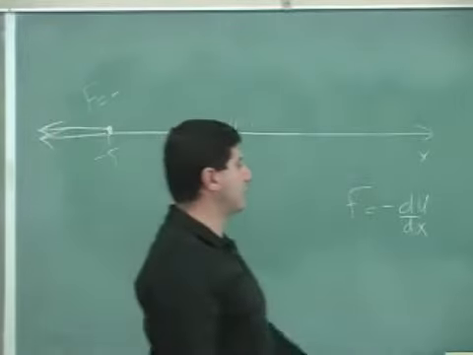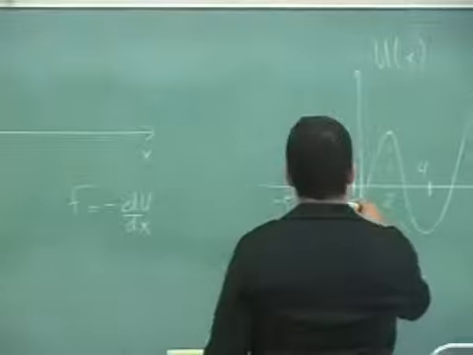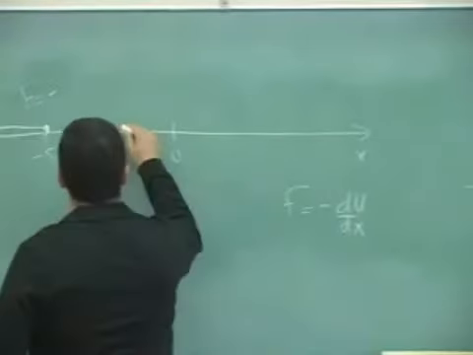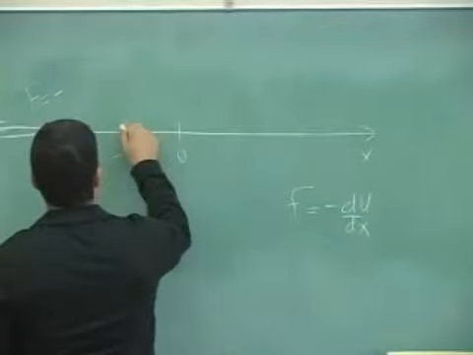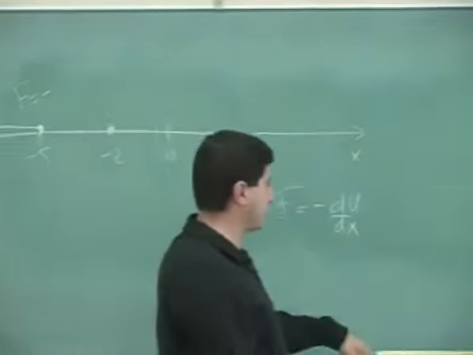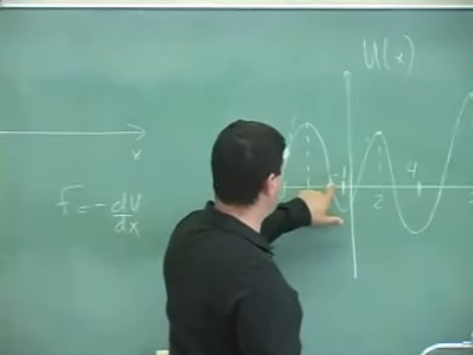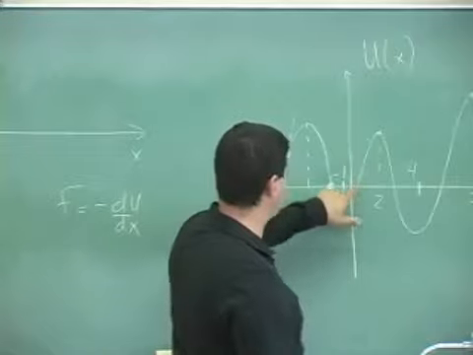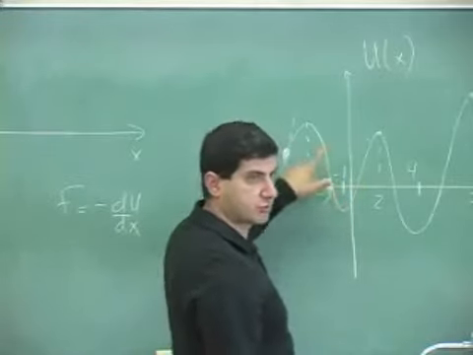What if the object is placed at -2? What happens? Again, there's two ways to answer it. What would happen to a ball that's placed there? Well, it would just go and come back, go and come back, go and come back. And if there's no friction, it would just keep doing it forever.